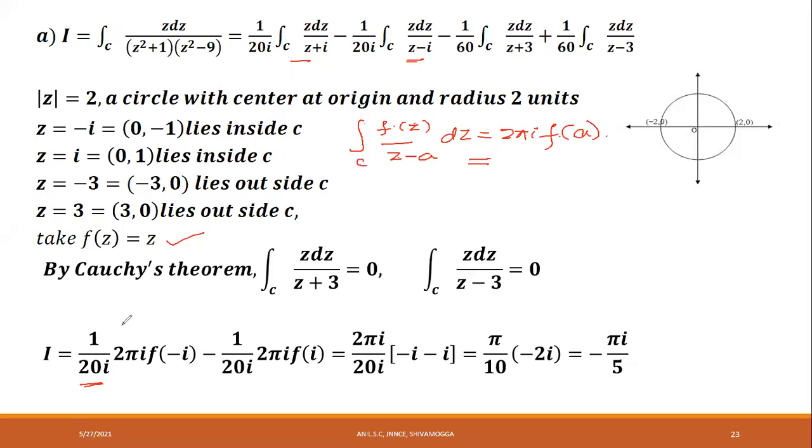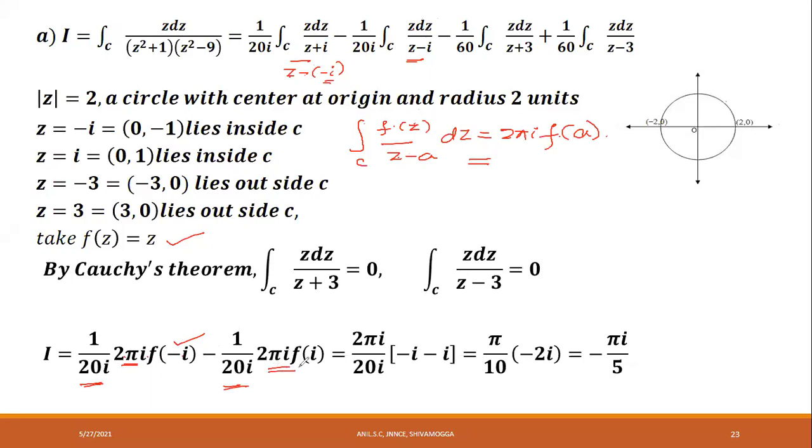Therefore, this first integral is 1 over 20i into 2 pi i into f of a. z plus i means z minus of minus i. Therefore, a is minus i. It is substituted here: 2 pi i into f of minus i. Minus 1 over 20i is the second integral. This is the integral over C of z dz divided by z minus i.